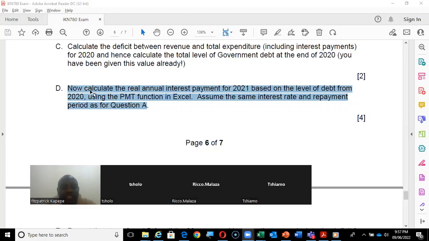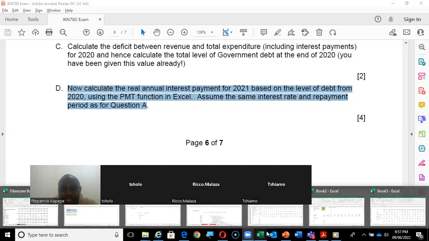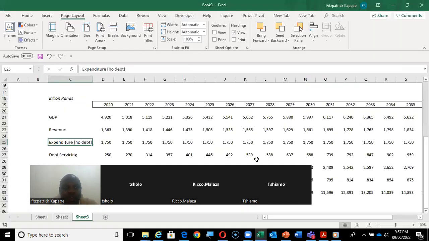So we are saying, in short, this is basically debt servicing, not what they are calling it. It wasn't interest, so the combination of interest and that.